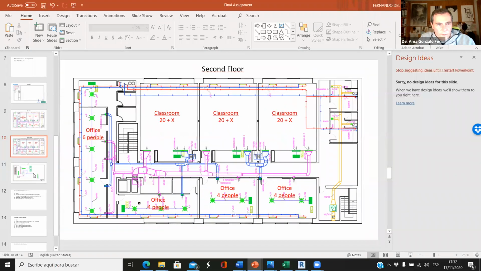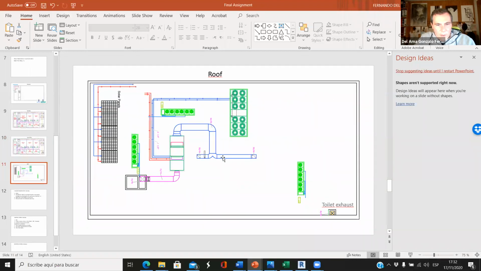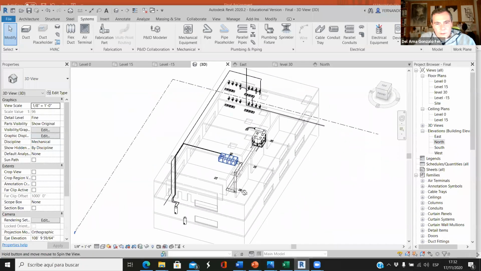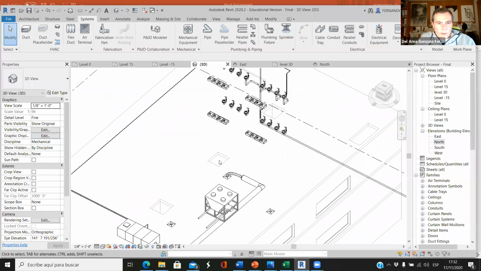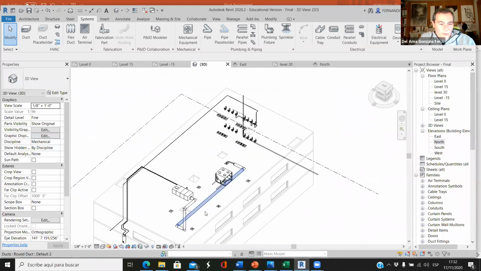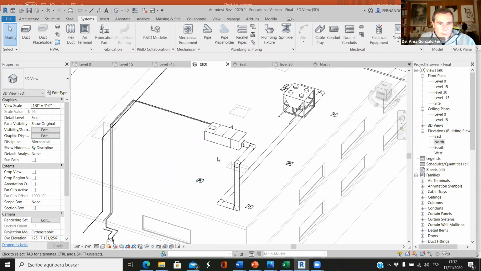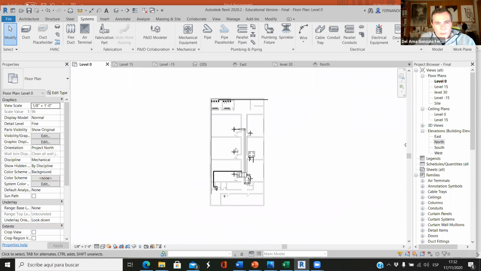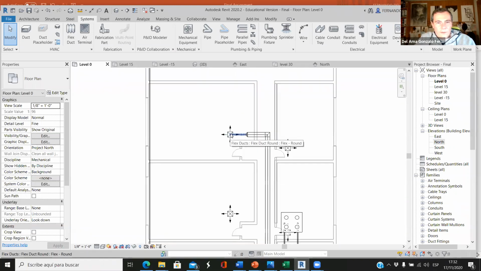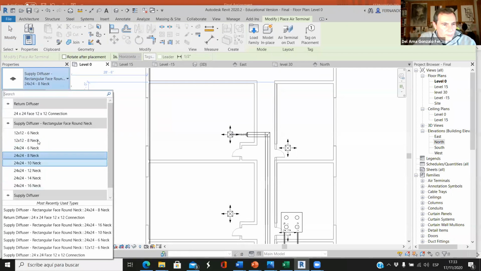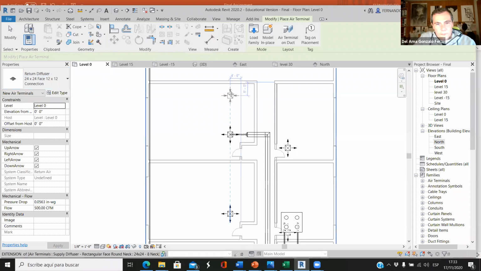Then on the roof, we have two vertical pipes, then we have this T, and then we go to this element. Well, this is up to us. That's why we have all these shafts here, this one, this one, this one. But you have to place a return diffuser in the classroom. So each classroom needs a supply diffuser and a return diffuser here.